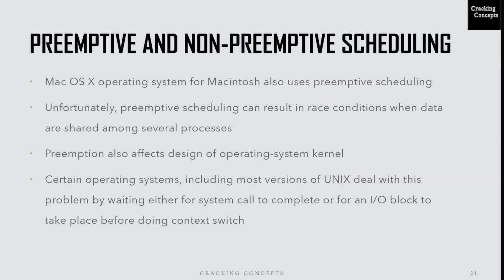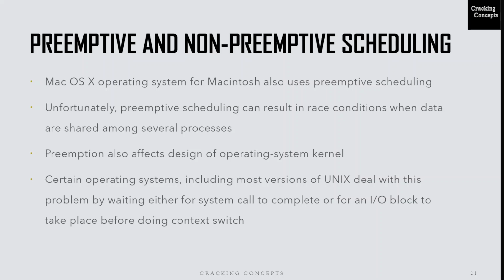Preemption also affects the design of the operating system kernel. During the processing of a system call, the kernel may be busy with an activity on behalf of a process. Such activities may involve changing important kernel data, for instance, IO queues. What happens if the process is preempted in the middle of these changes and the kernel or the device driver needs to read or modify the same structure?